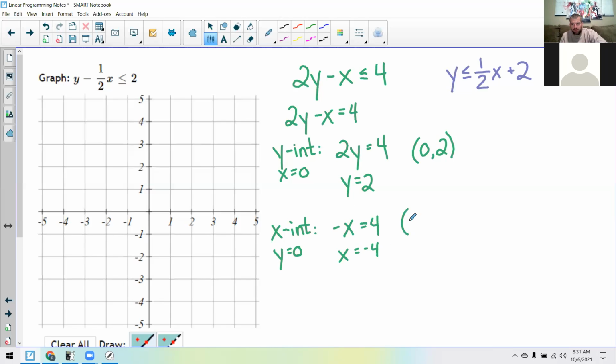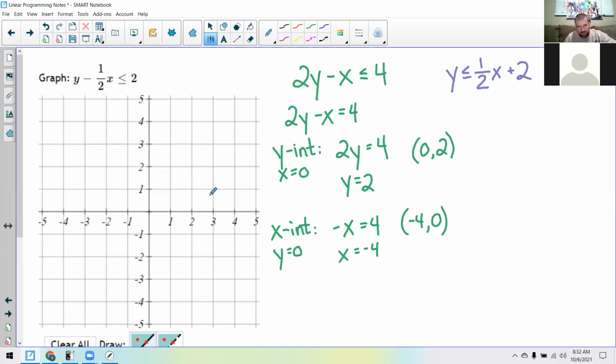So when x is -4, y is 0. It helps to draw a picture of this somewhere first. It doesn't have to be a perfect graph.